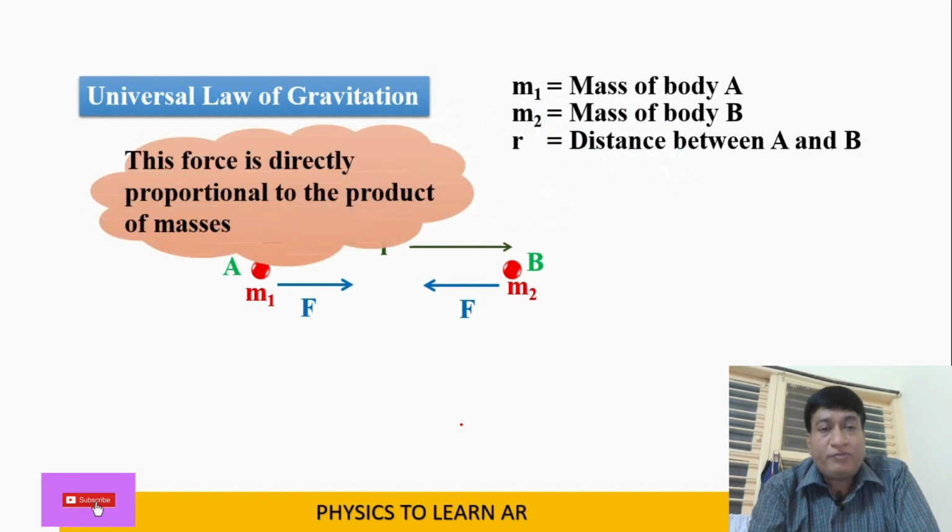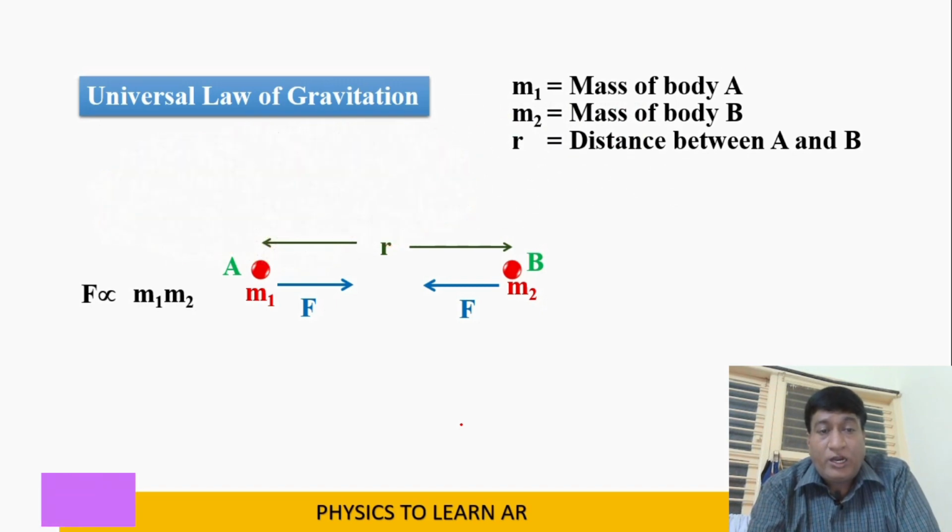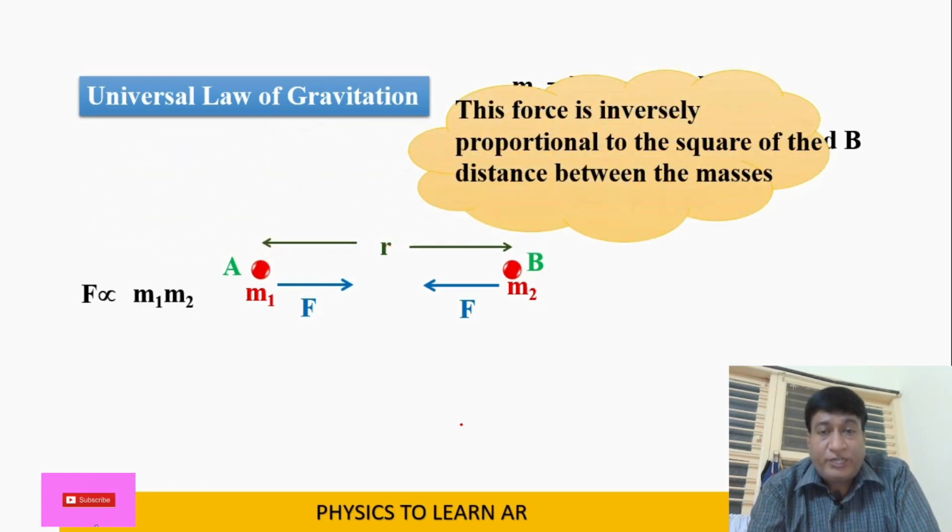This force is directly proportional to the product of their masses, that is m1 and m2, and inversely proportional to the square of the distance between them. So F is inversely proportional to r square.